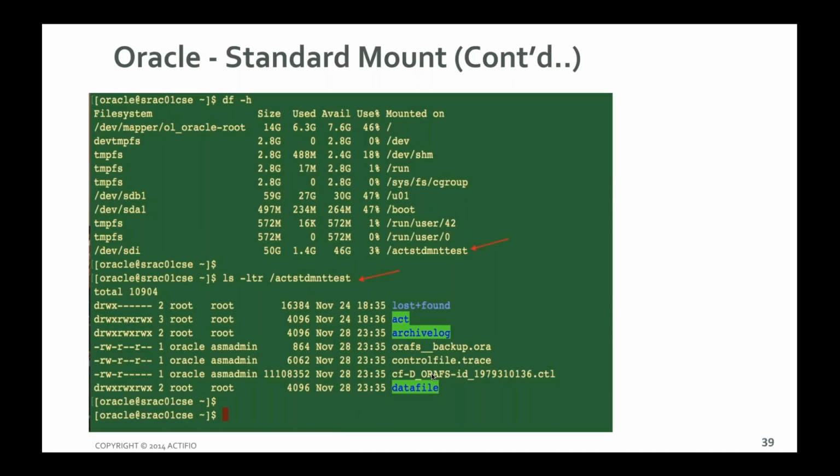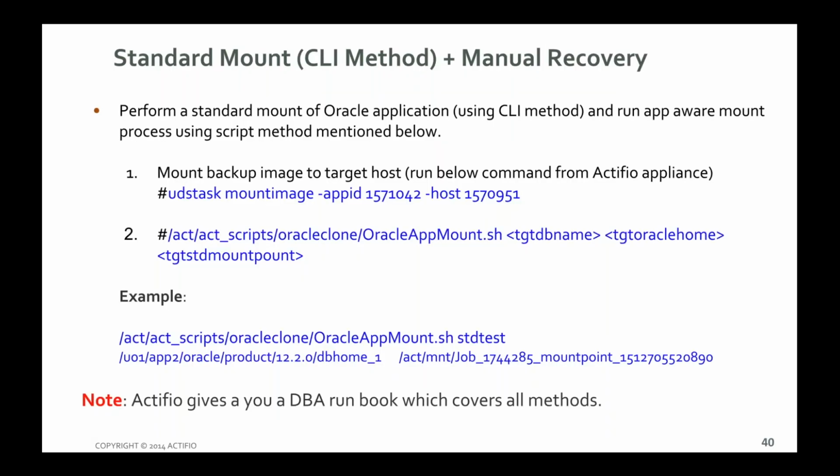Or we will provide CLI commands, and now that we have mounted, you can use the CLI command to run and bring up your database. And you don't need to do any steps manually, and we do provide all the CLI commands. Once you are done with your standard mount and run the CLI commands, very simple commands, maybe a single line command, it's going to bring up your database online.